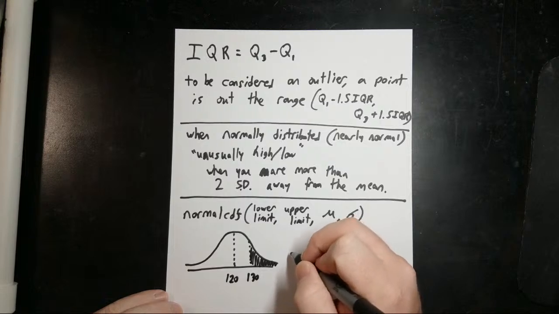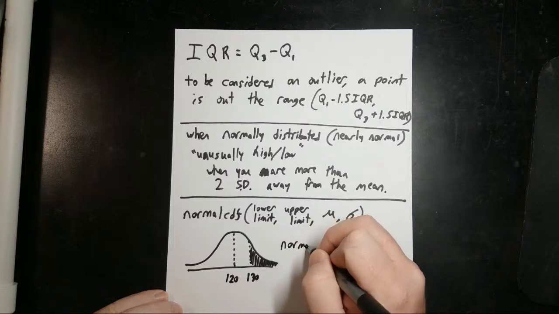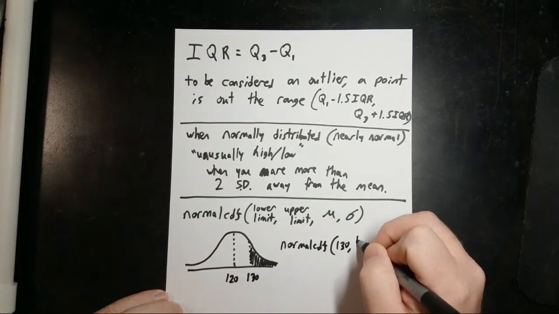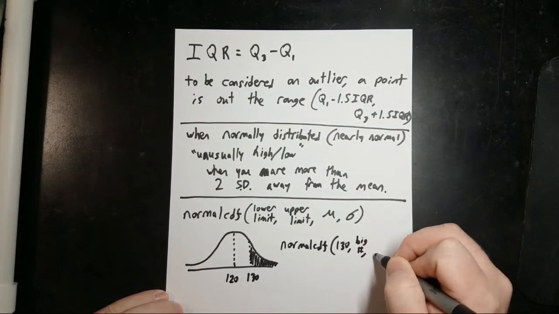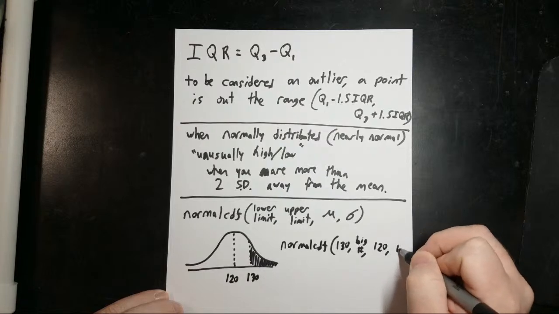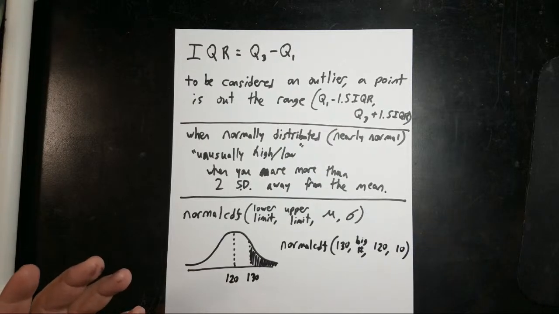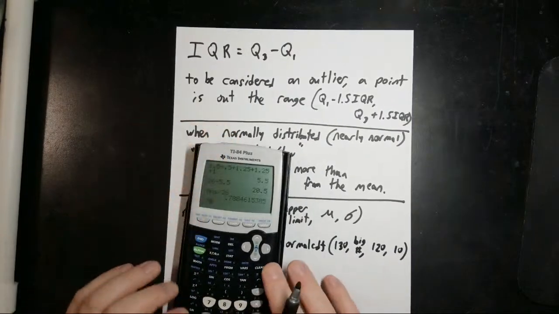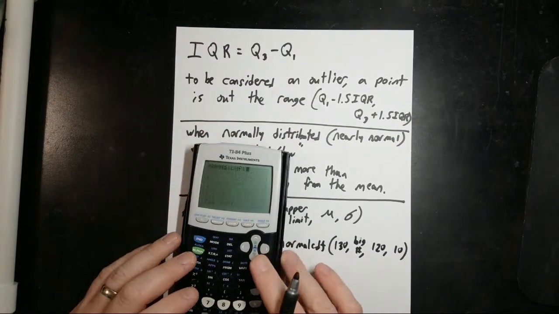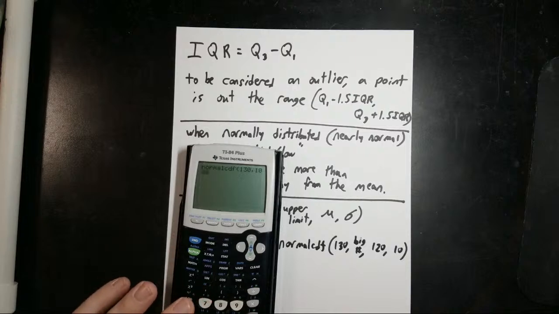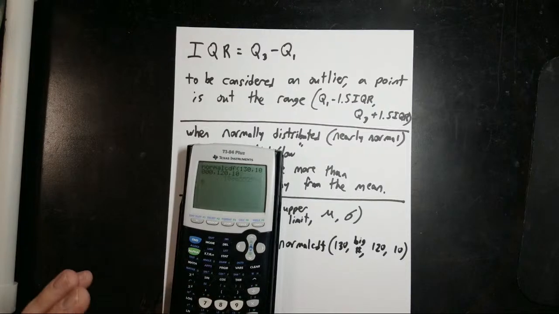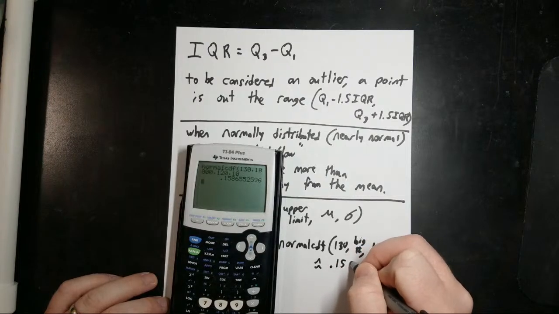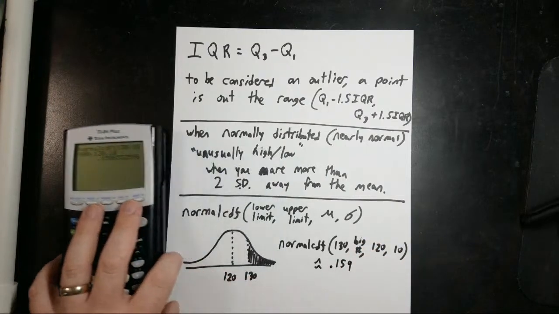So that would be something like normalcdf 130, comma, some big number, comma 120 for your mean, comma 10 for standard deviation. I don't know, just for the sake of argument. And that would give you approximately a 0.159 chance, 15.9% chance.